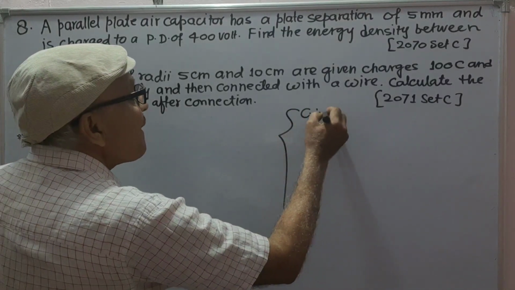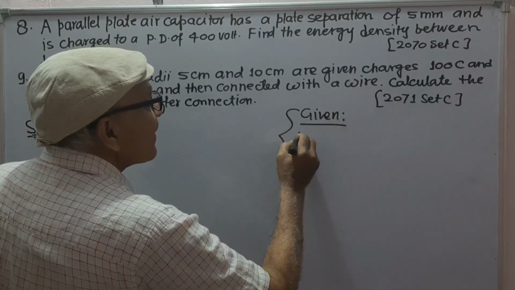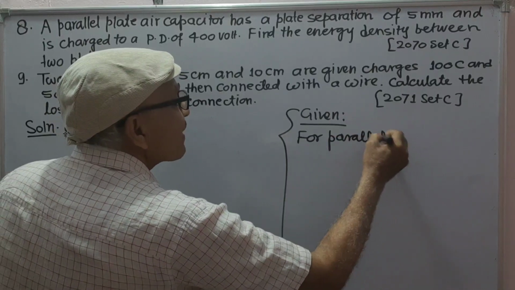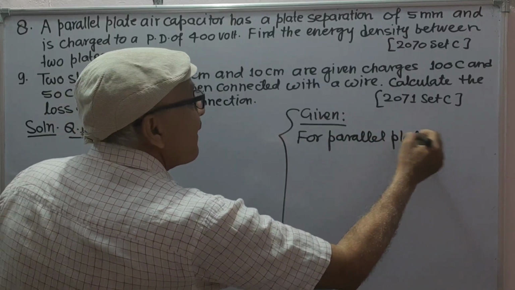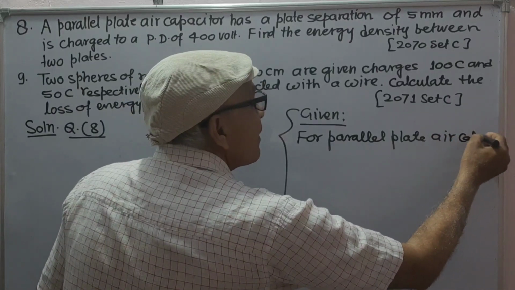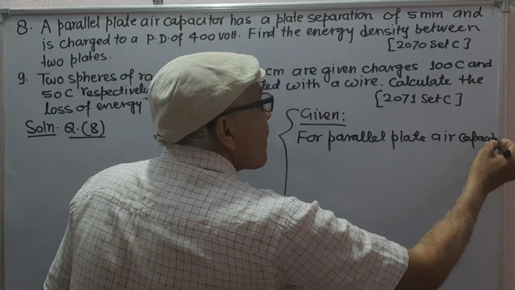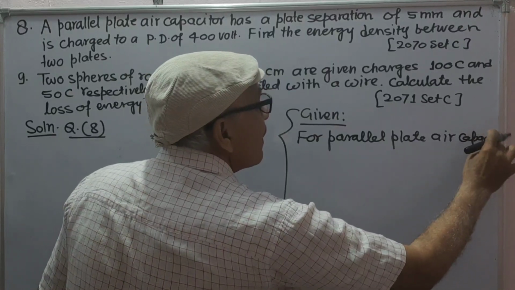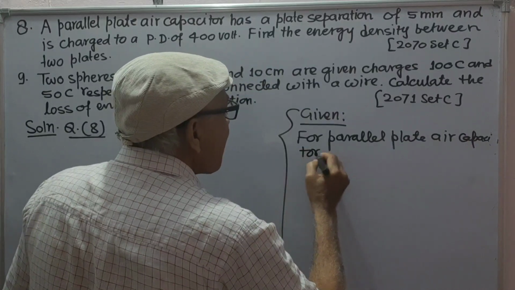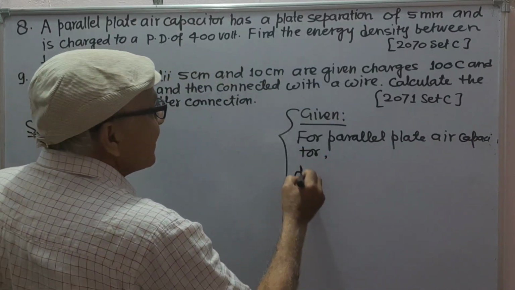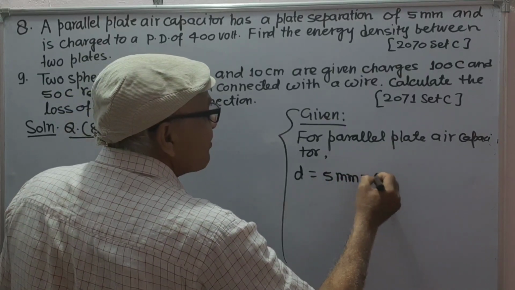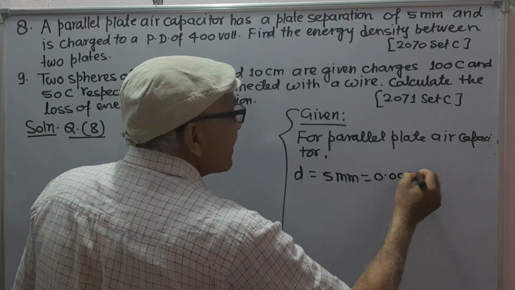Given, for parallel plate air capacitor, D is 5 millimeter, which may be written as 0.005 meter.